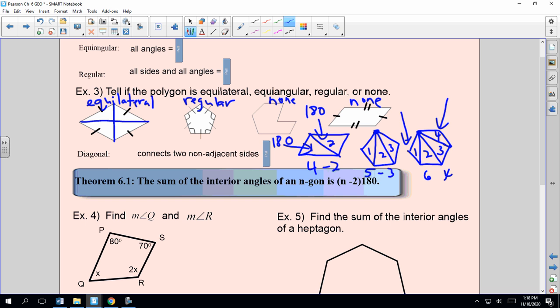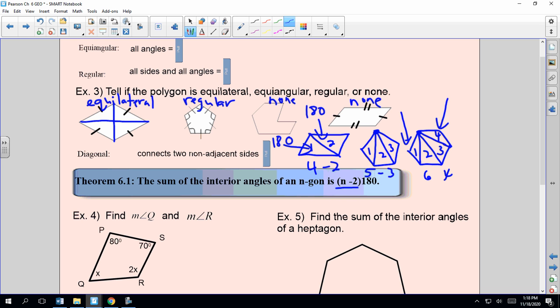It's always the number of sides minus 2, times 180. The 180 comes from the fact that in any triangle, the sum of the interior angles is 180. So what we are doing is triangulating these shapes, counting the number of triangles, and multiplying by 180.